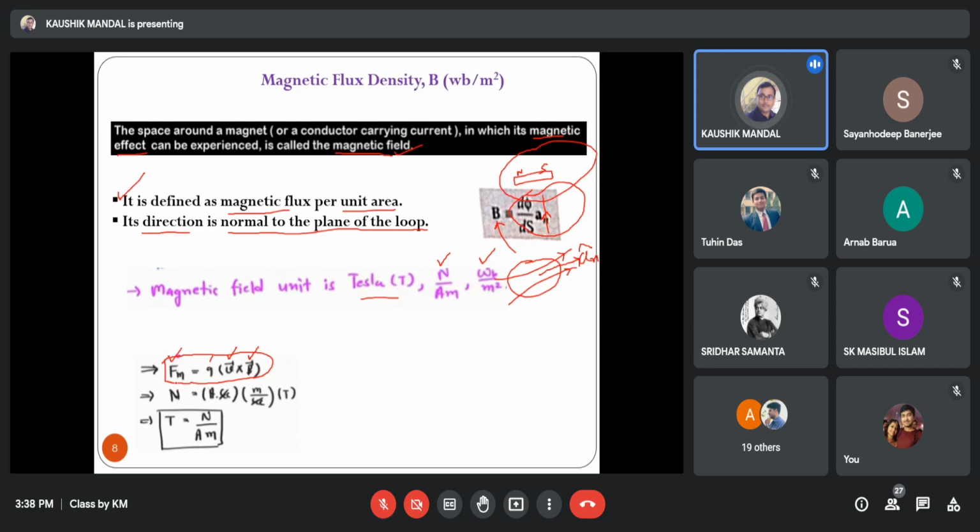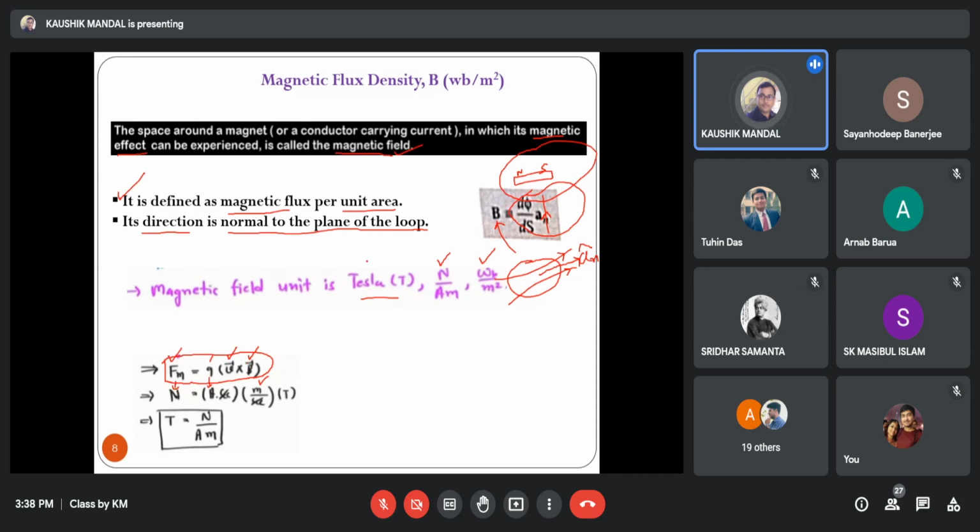Now what is the unit of force? Newton. What will be the unit of charge? That is ampere into second, Coulomb. Yes, it is written in terms of ampere second because we know. Next, the velocity of the charge, meter per second. What is the unit of B?